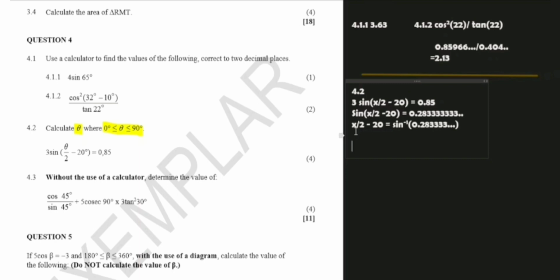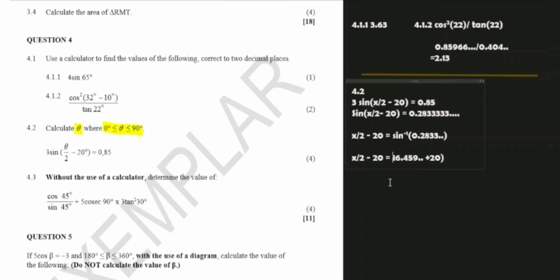Does that make sense? Say theta over 2 or x over 2 minus 20 is equal to, when you type in your calculator, what answer are you going to get? 16.459 and so on. So that answer, you're going to then add 20, and then you're going to multiply both sides by 2.